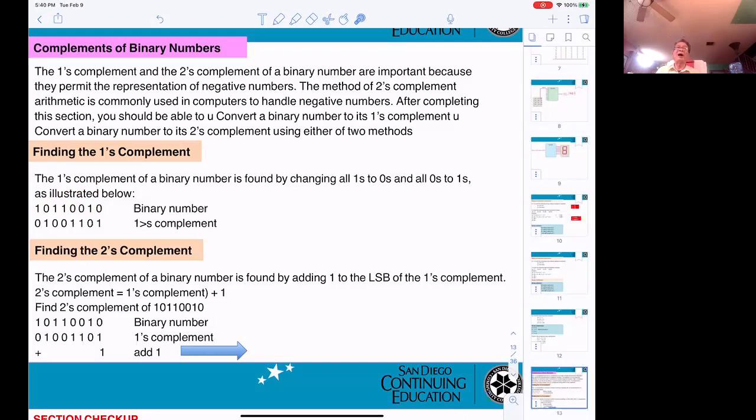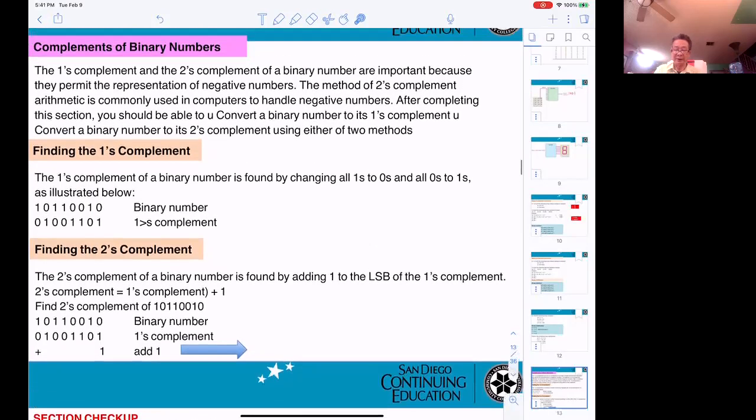And in order to find the second complement, the first step is you find the first complement. Then you add 1, and you get the second. So now, on this one, what is the second supposed to be?